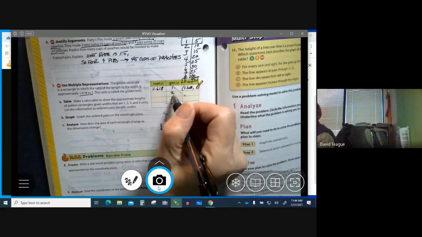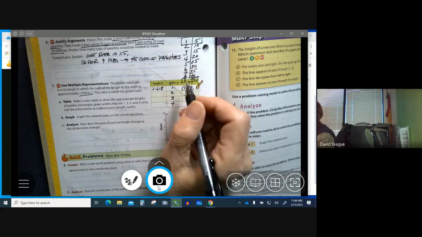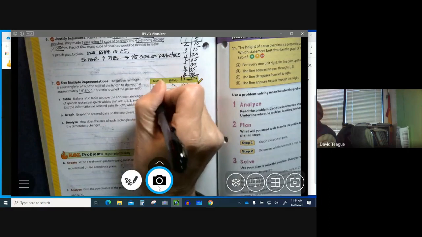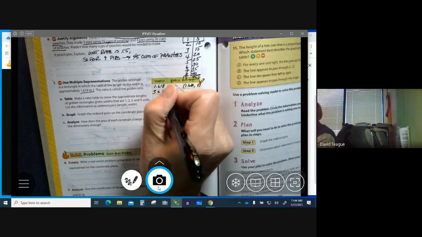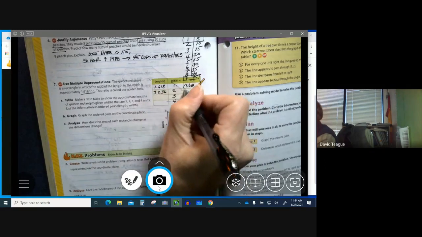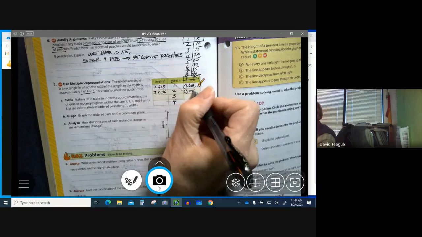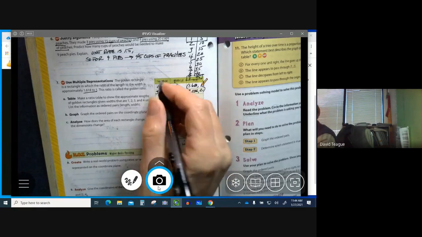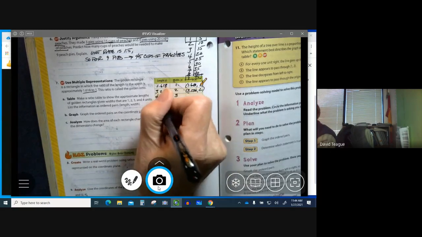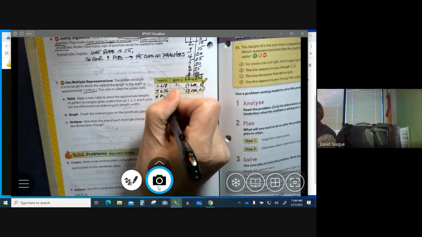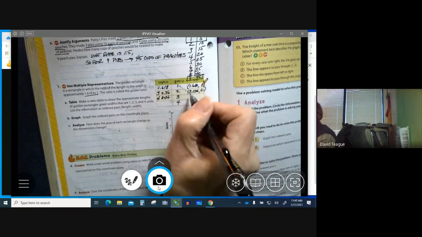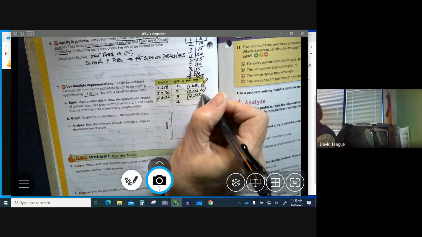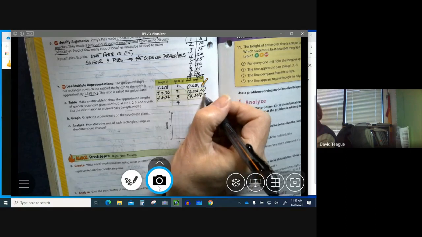So we're just going to take 2 times 1.618, which makes 3.236. So the ordered pair is 3.236, 2. Then we're going to do 3 times 1.618, which gives us 4.854, and that gives me an ordered pair of 4.854, 3.